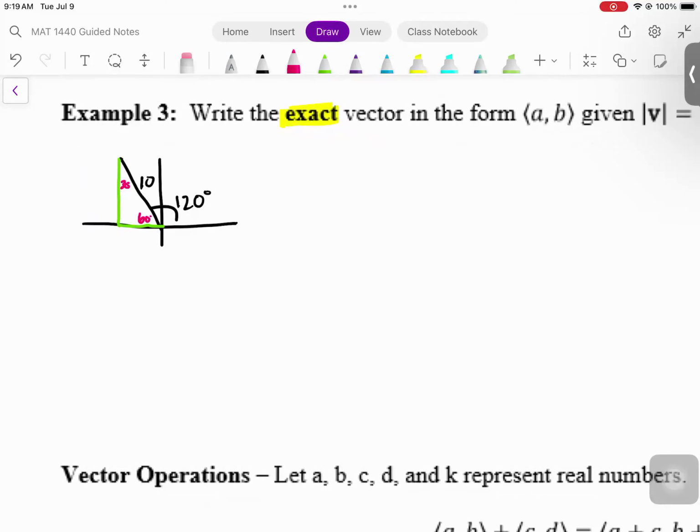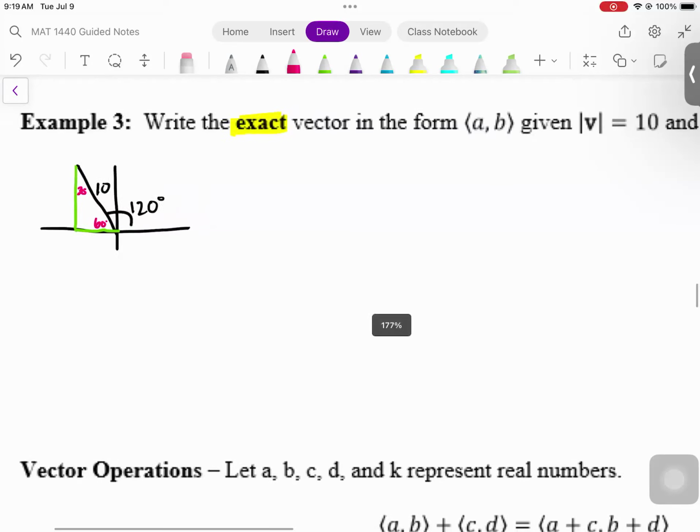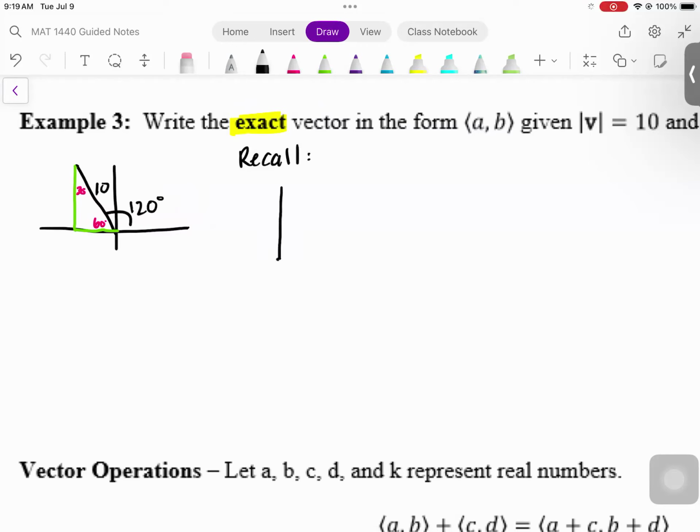Now, we know a lot about 30, 60, 90 triangles in the unit circle, but let's generalize those rules. So for our 30, 60, 90 triangle, let me draw that a little bit better. For our unit circle, we know that the radius is 1.